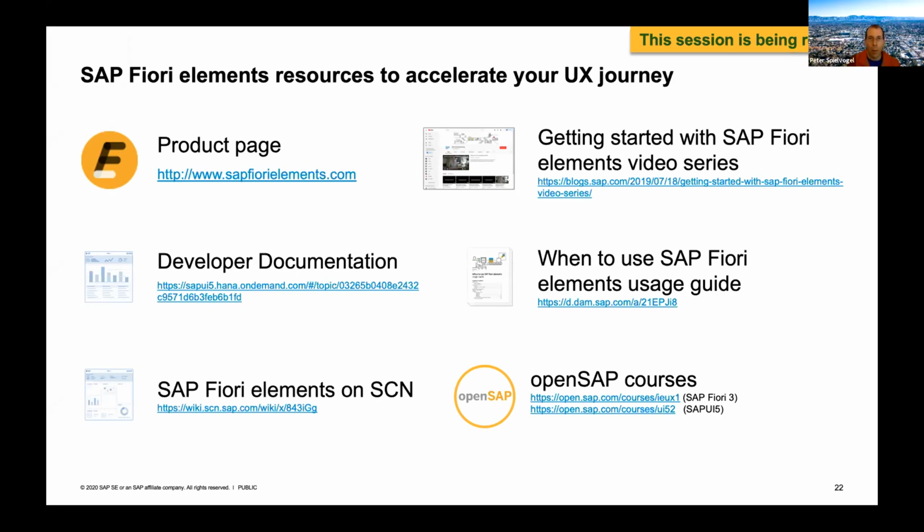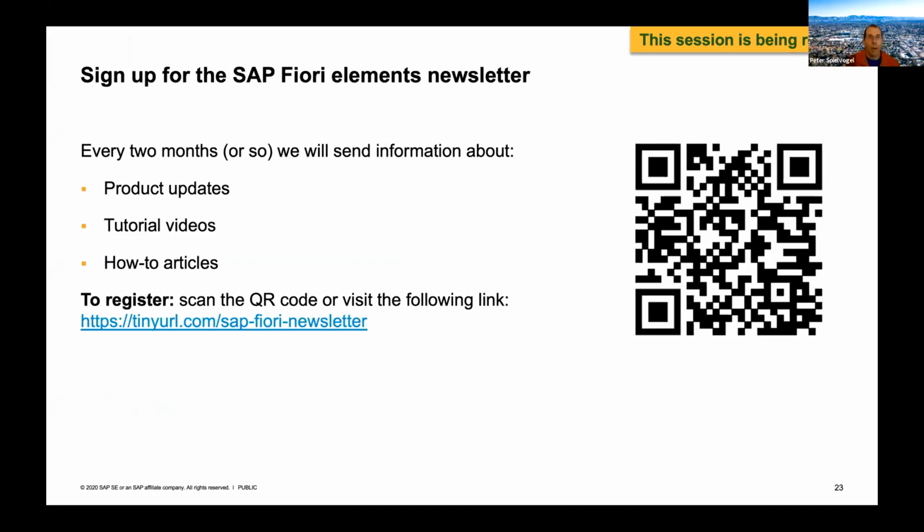Okay, so we've got a number of different resources. If you want one-stop shopping, just go to www.sapfiorielements.com. Can you jump to the next one, please? Next slide, Stefan. Another way, if you want to stay current, is a newsletter on SAP Fiori Elements.